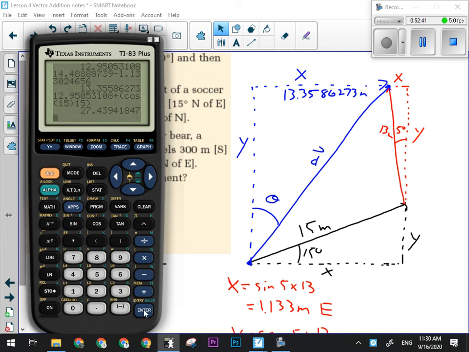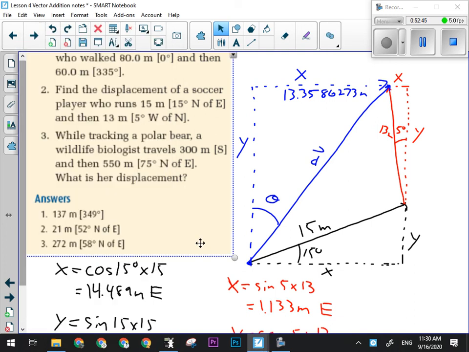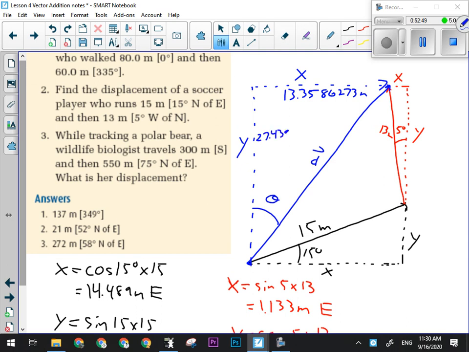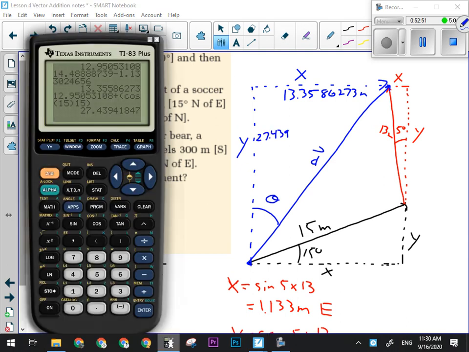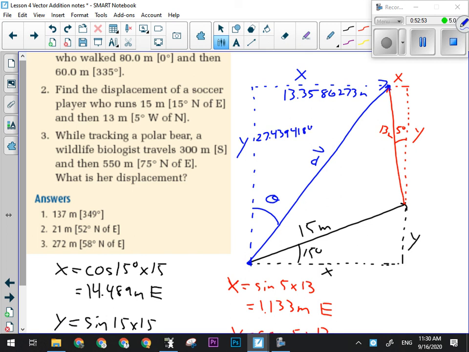So we're looking at a total north component here of 27.439 meters north. Now that I have those, I can get my final displacement and its direction.